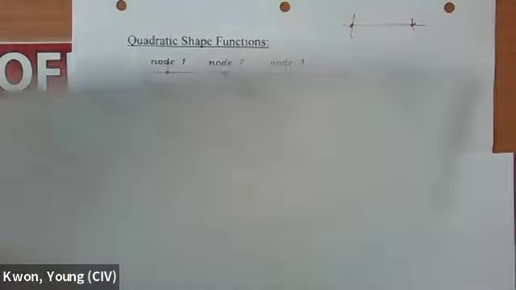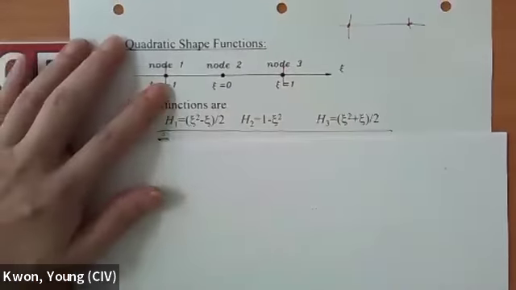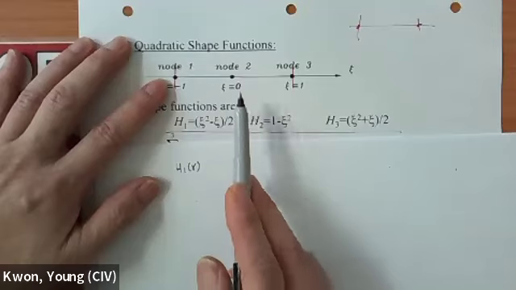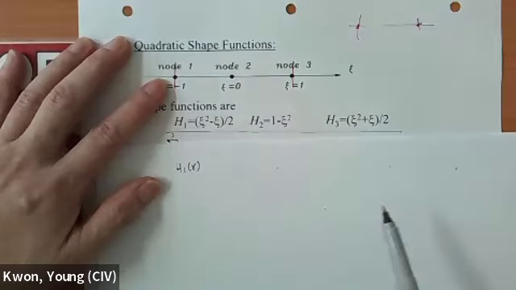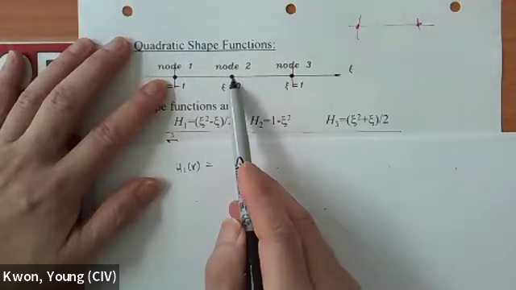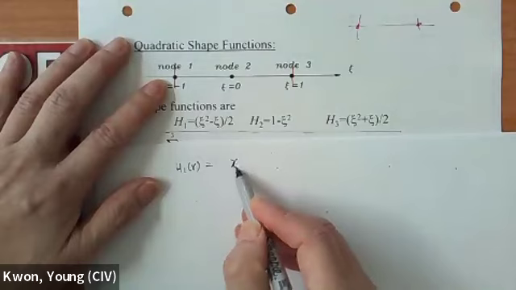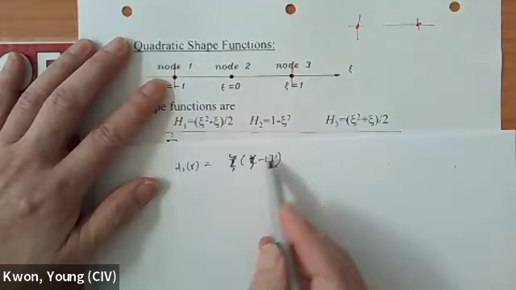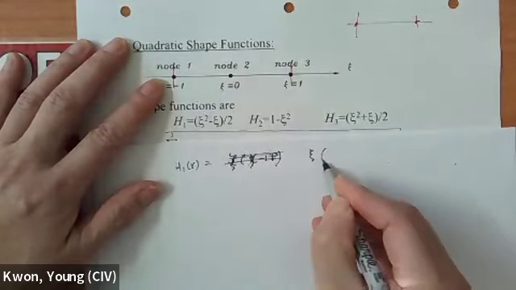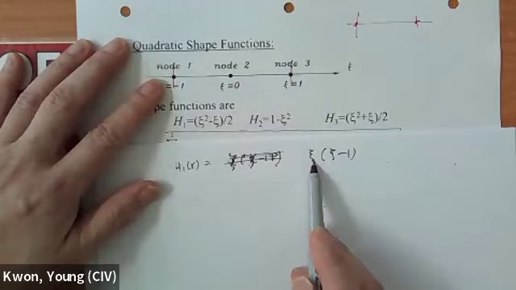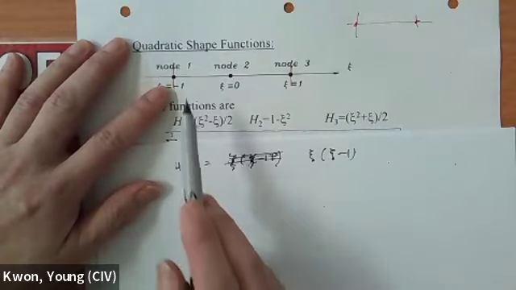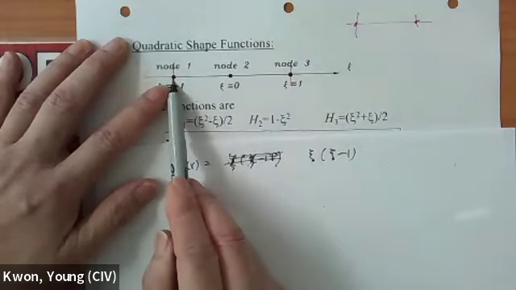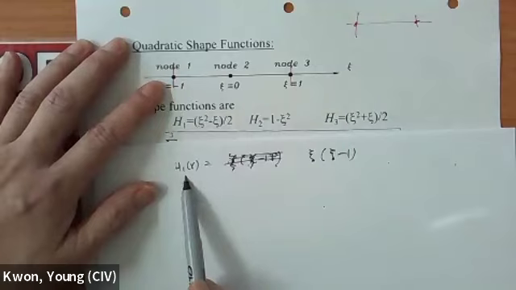So one way to avoid that is, for example, in here, to develop the shape function in this case, what is h1 of x? I know it's a quadratic shape function because there are 3 nodal points. So this has to be 0 here and here. So that means x and x minus 1, or in that case c, and c minus 1. So c equals 0, 0 minus 1 equals 0. So that satisfies 0 here, right? And then we have to make sure at this point the magnitude has to be 1.